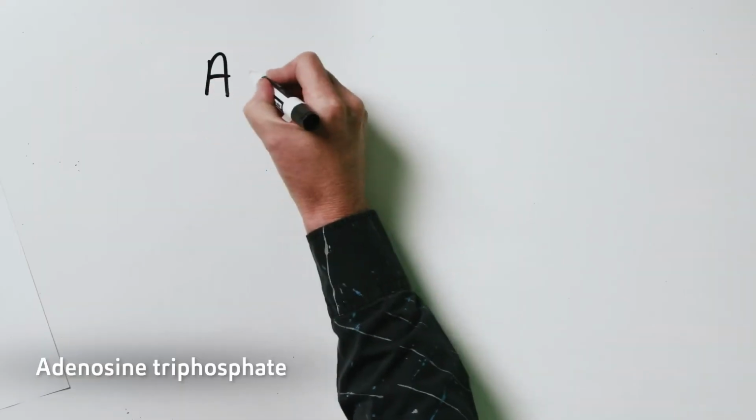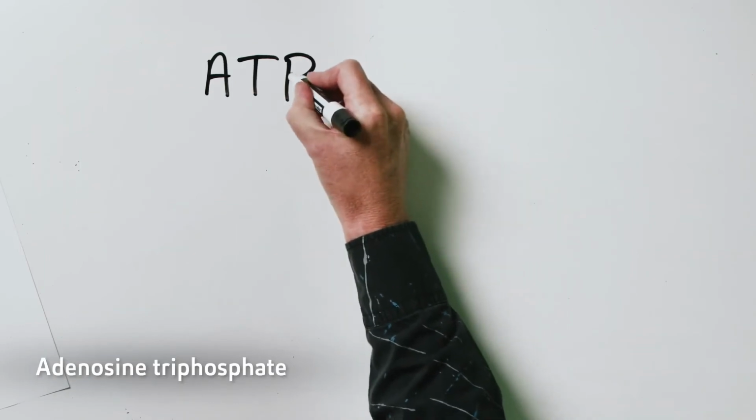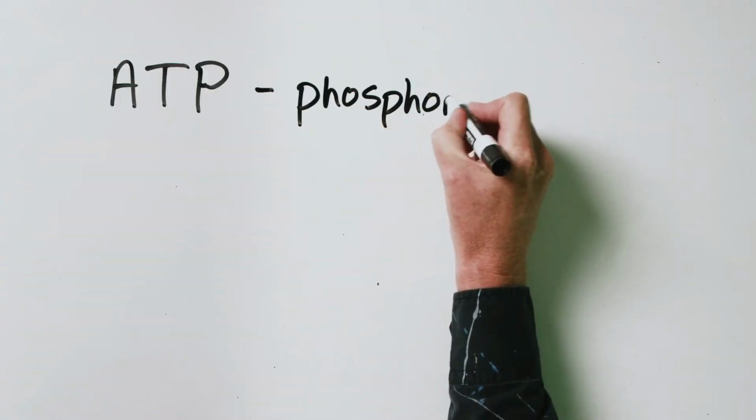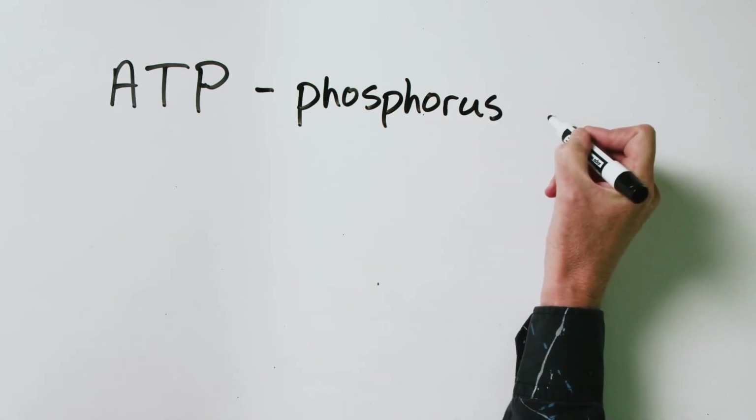Let's have a look at a similar-ish kind of problem. There's a molecule called ATP, adenosine triphosphate. This ATP molecule is very, very important in biological energy production. As the name suggests, it contains the element phosphorus.